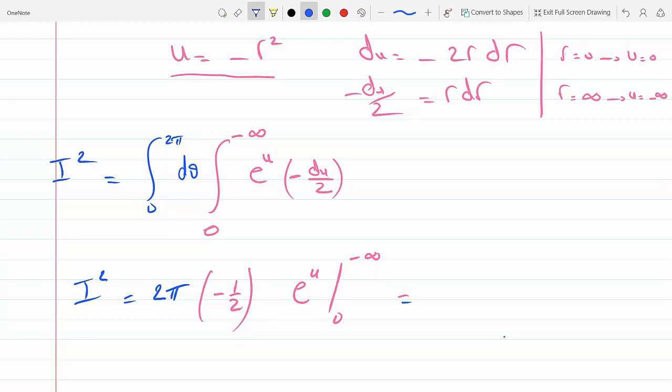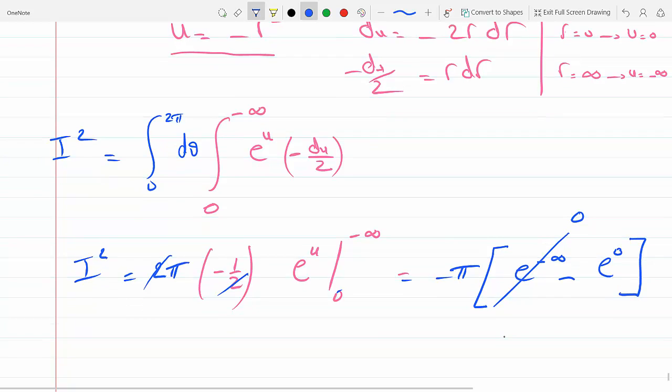So continuing here, the 2's cancel, we get minus pi, and then if I plug in the upper bound, I will get e to the minus infinity. Or if you want to replace this with t and then take the limit as t goes to infinity, you could get fancy with calculus 2 here, but no reason to. We know that this is 0 minus e to the 0, so this gets you a 1 times minus pi.